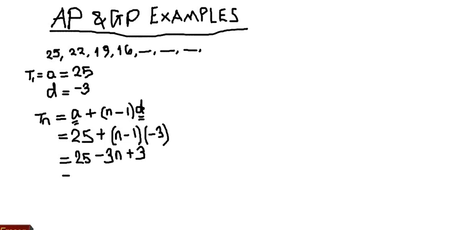So we can group the like terms. We have the numbers 25 and 3, which add to give us 28, then minus 3n. So this is the formula for the nth term, Tn. The formula for the nth term will be given as 28 minus 3n.